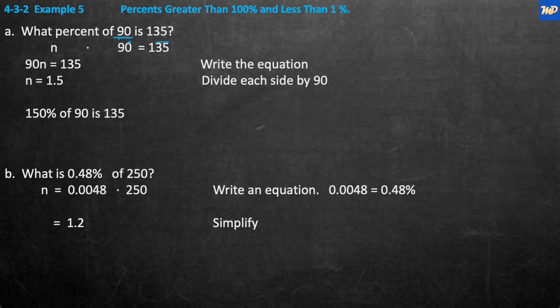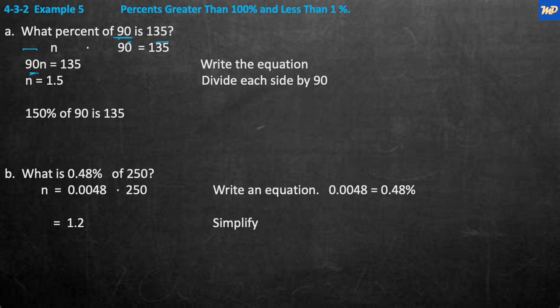So then we're going to have 90n is equal to 135. Here's an n times 90. 90n is 135. I've written the equation. And n is equal to 1.5.